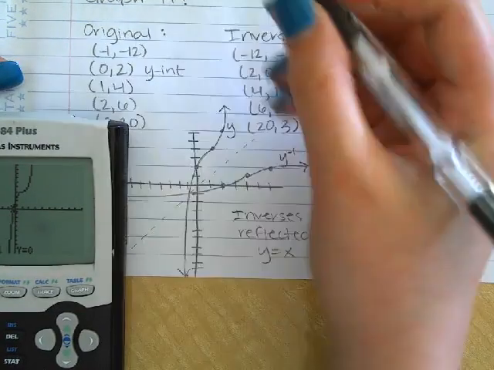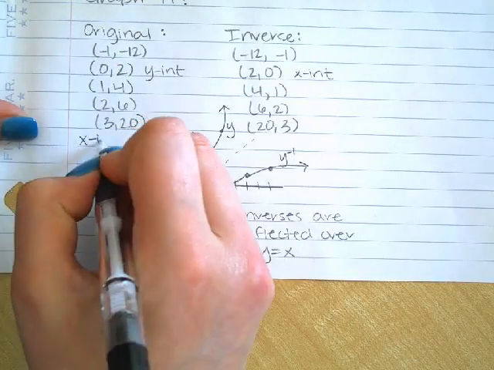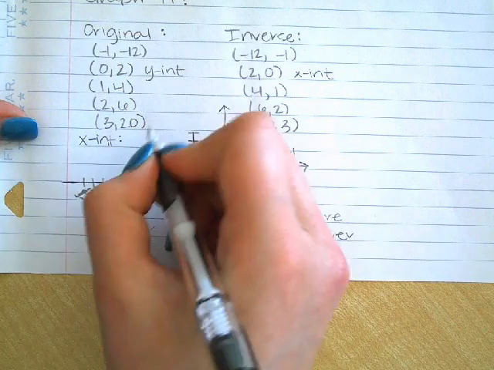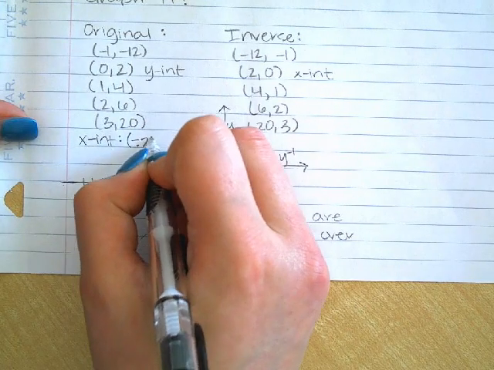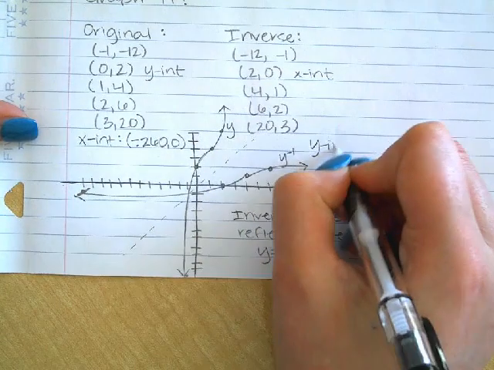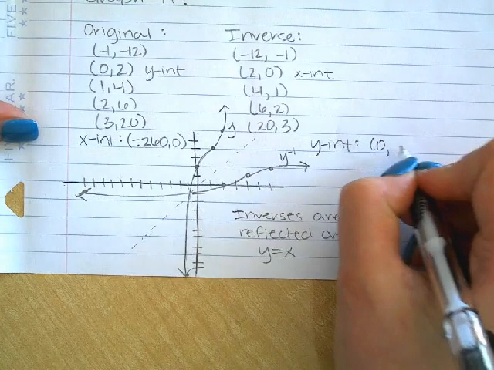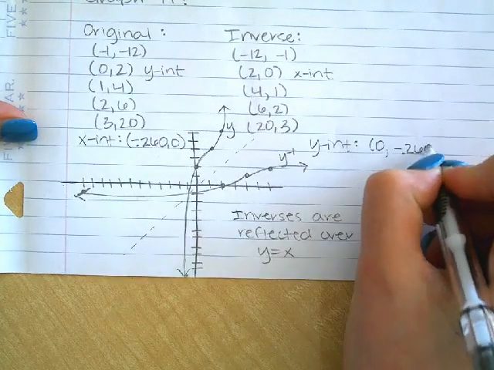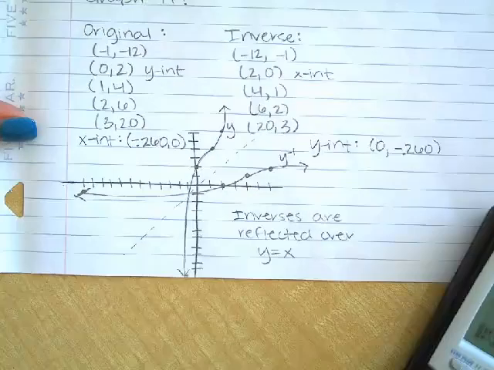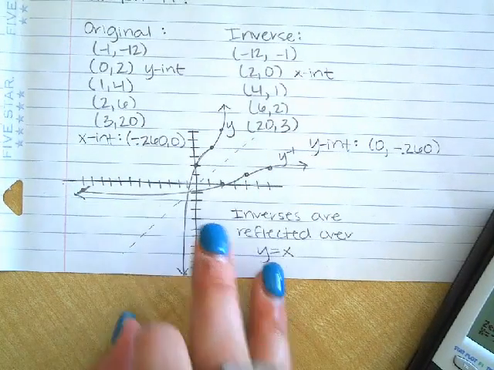So I'll add it down here: my x-intercept is (-0.260, 0). That means for the inverse, my y-intercept, if I trade those values, would be (0, -0.260). So the x's and the y's always trade. That's the interesting thing that we need to remember.